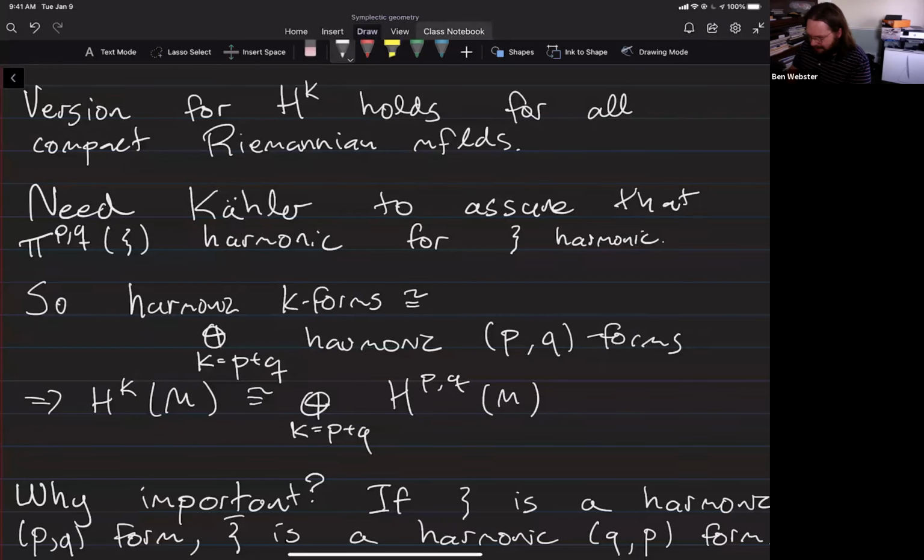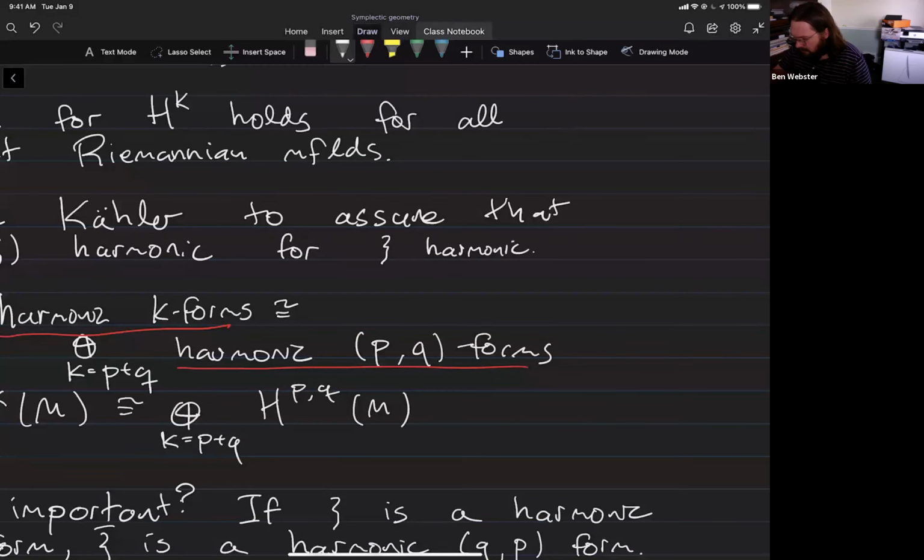So that means that the space of harmonic k forms can be written as the direct sum of all harmonic PQ forms where P plus Q is equal to k. Every harmonic k form, you can look at its projections to the space of PQ forms. Because the metric is Kähler, all of those will be harmonic, and I've got the decomposition I need.